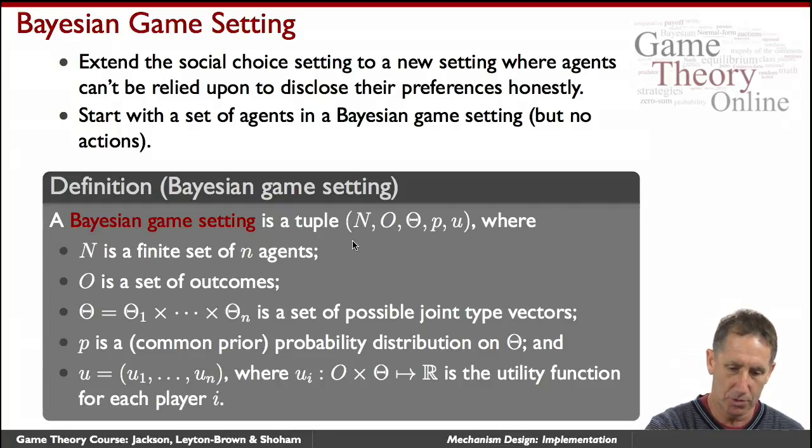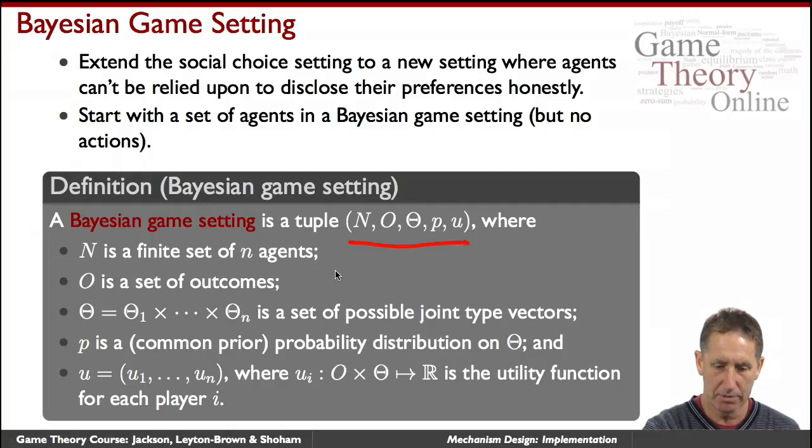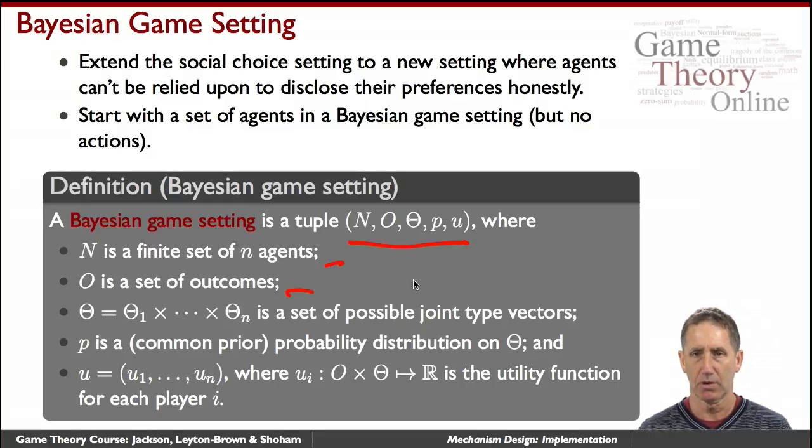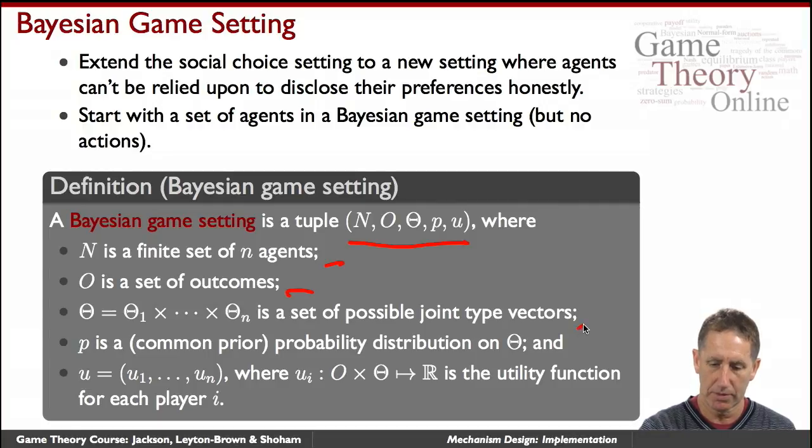We have this tuple, and let's go over it in order. So N is simply the set of agents, and O is the set of outcomes. So we have the social choice function that has certain outcomes. For example, we have a voting situation with certain possible candidates, and that is that set O. Then we have those types. Those are exactly the objects we saw in Bayesian games.